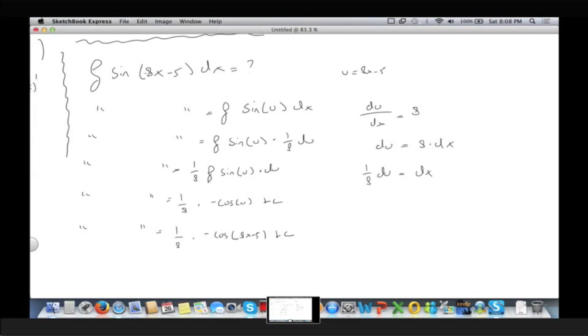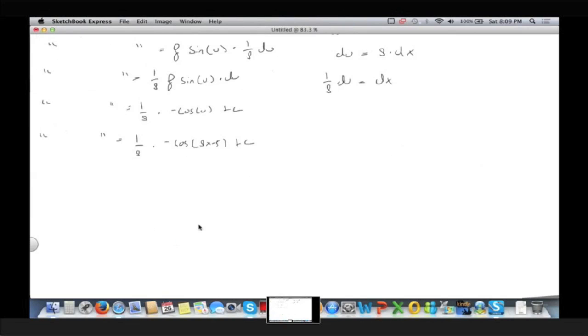So we have integral of sine of 8x minus 5 dx, u substitution. Okay, I believe this is correct. So for that last line, we can write what the ditto marks stand for. Okay, that's a good habit to be in.